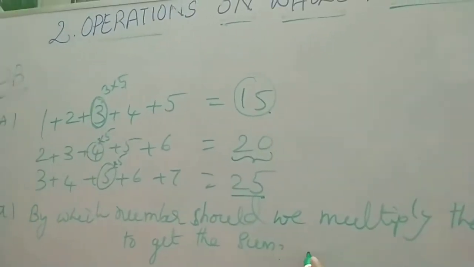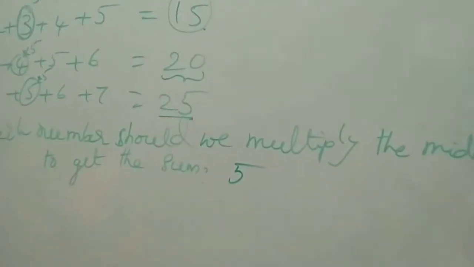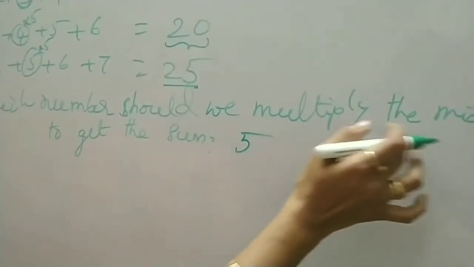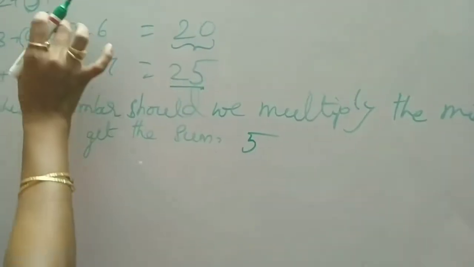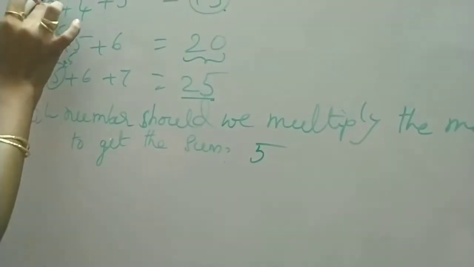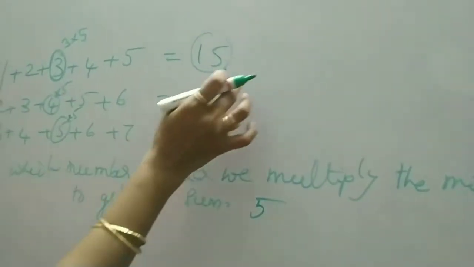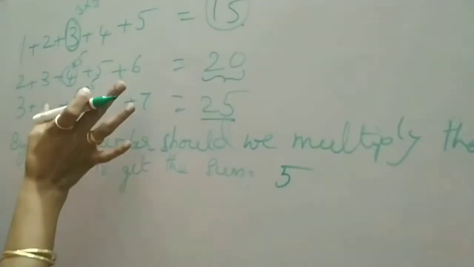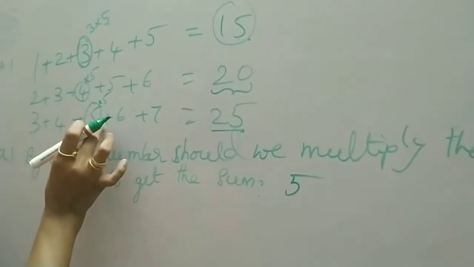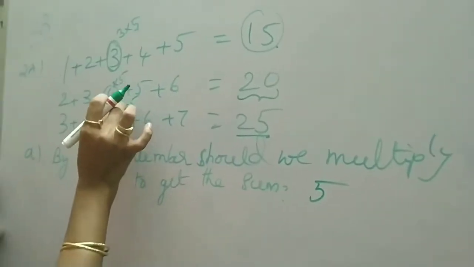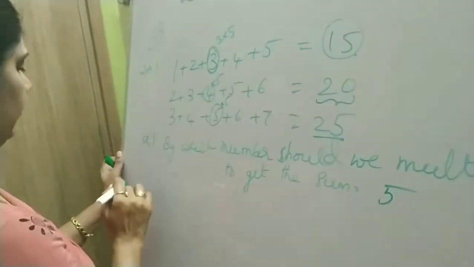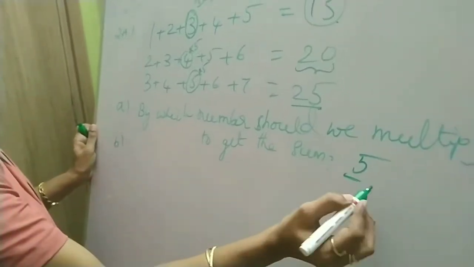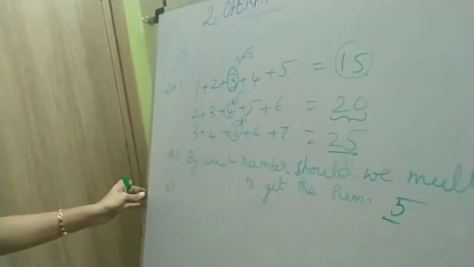So the answer here is 5. By which number should we multiply the middle number to get the sum? With 5, if you multiply the middle one, 3 into 5, you get 15. 4 into 5, 20. So the sum is 20 if you multiply the middle one with 5 only. That is your answer. Your answer is 5.